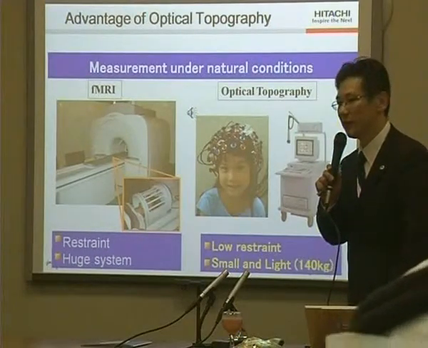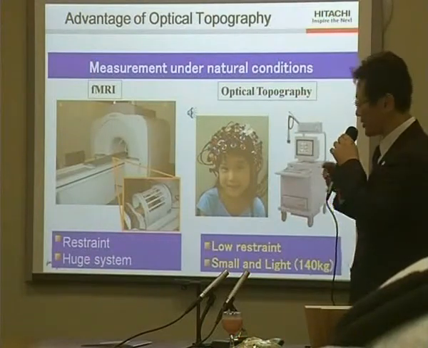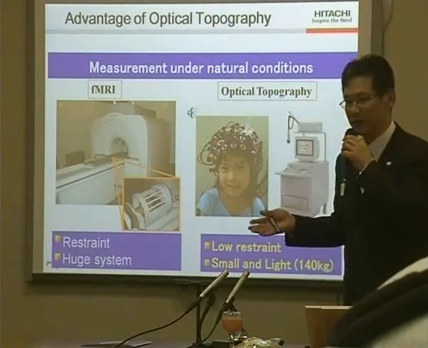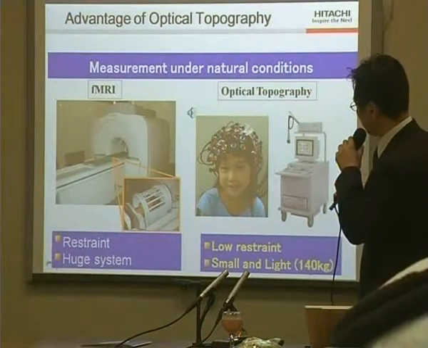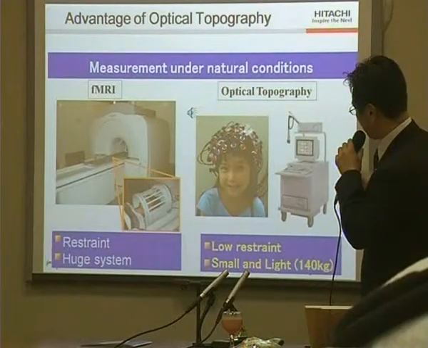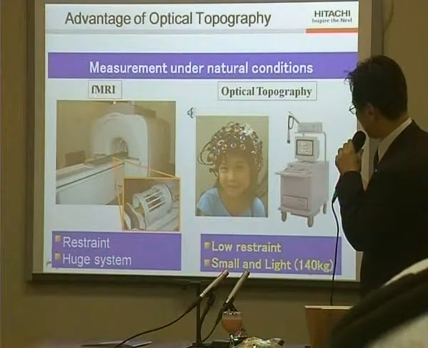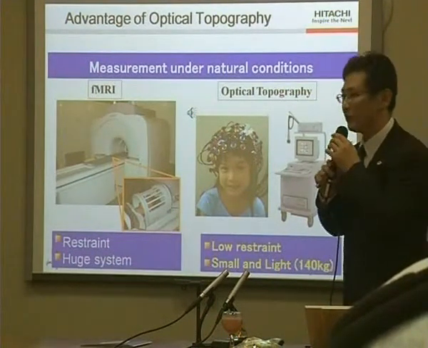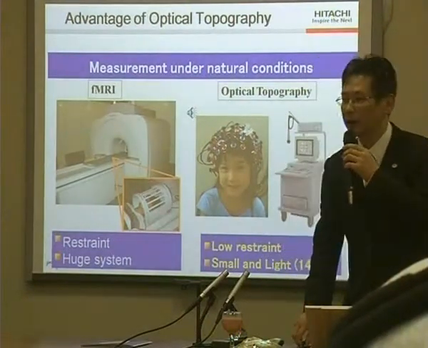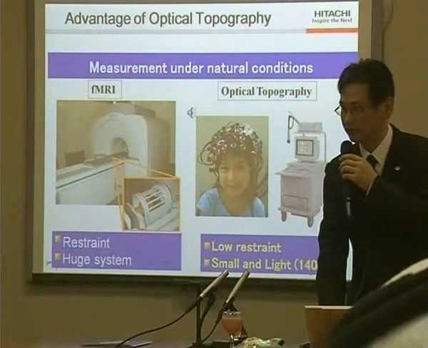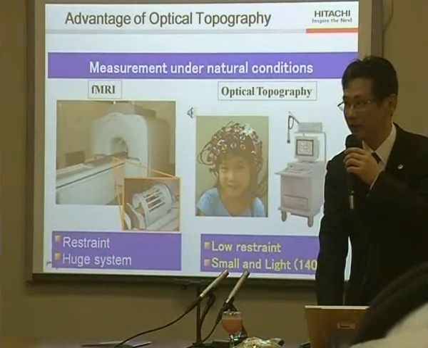The weight is about 100 tons, and the experimental type was very limited. While the optical topography has the advantage of low restriction, and it is small and light, so we can measure human brain function under daily conditions. That is a very good advantage over functional MRI, I think.